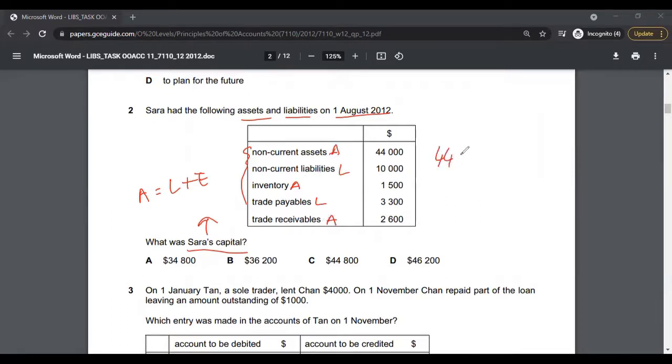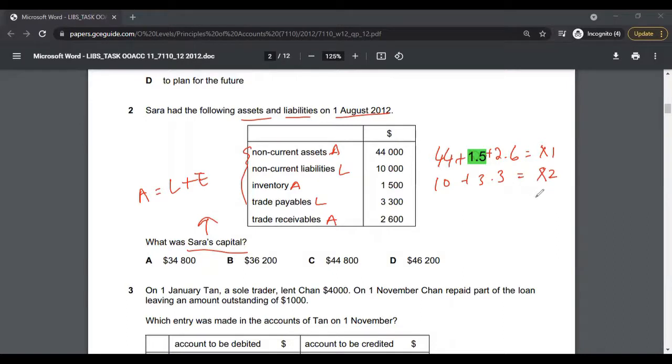So assets equal 44 plus 10 plus 2.6, and then liabilities are 10 plus 3.3. Then you have X1 here, X2 here. I'm leaving these numbers to you because I want you to calculate yourself for your practice. Accounting is practice. Accounting is a language which comes through practice.